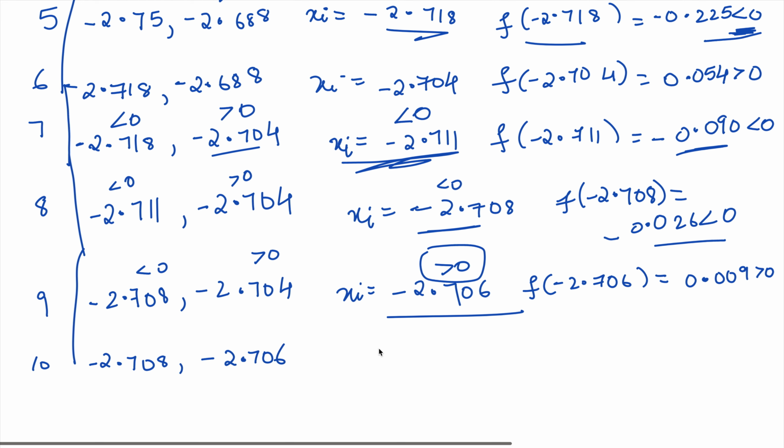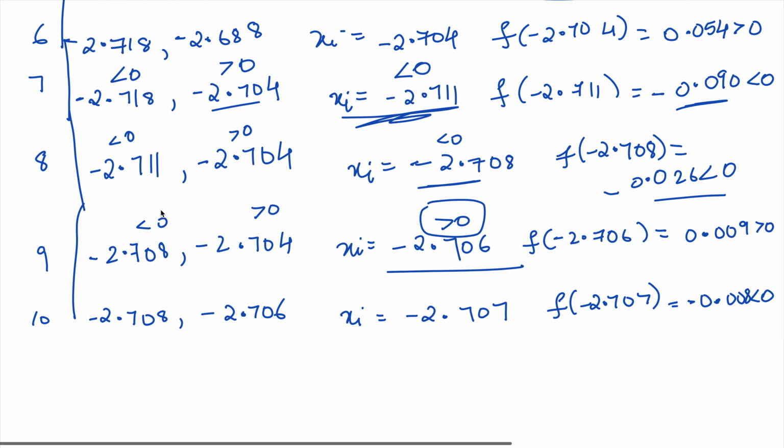So now our root should lie between these two. What is xi? -2.708 plus -2.706 divided by 2, which is -2.707. f of -2.707 is -0.008. It is less than 0.